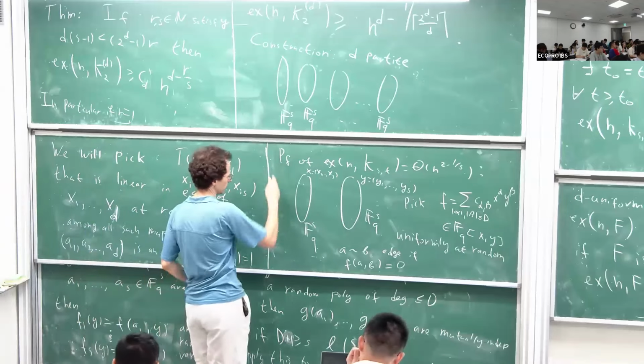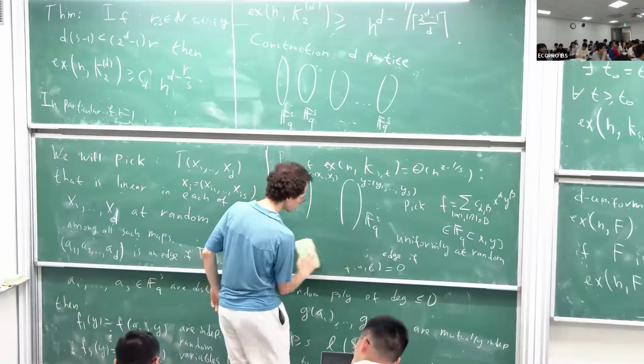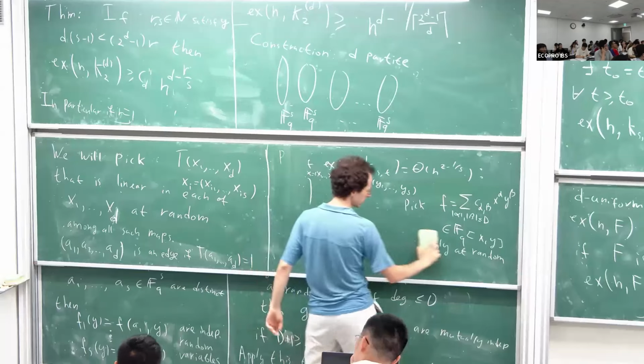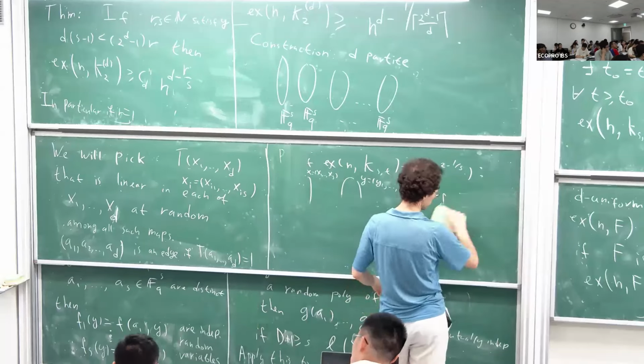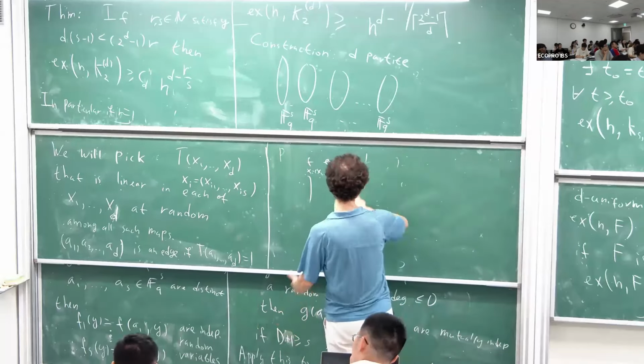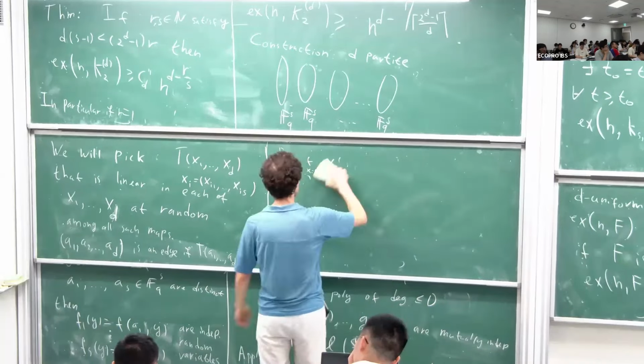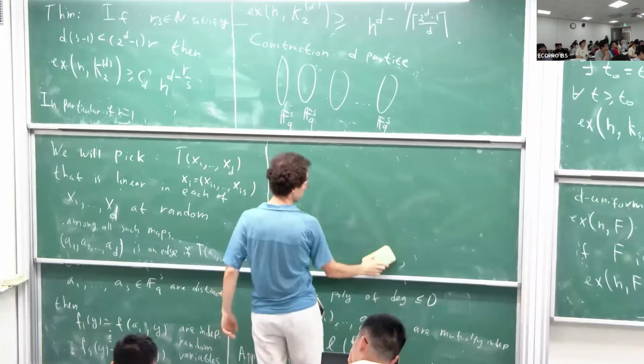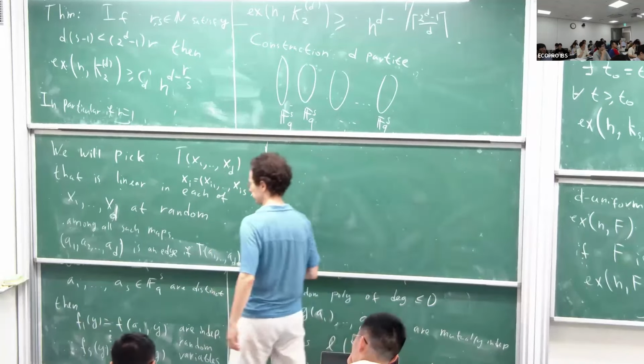Right, so for t equals 2, we could pick any non-degenerate bilinear map. You know, it doesn't have to be inner product. Here we're going to take a random one.